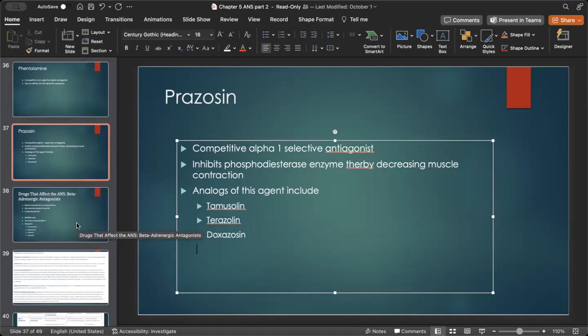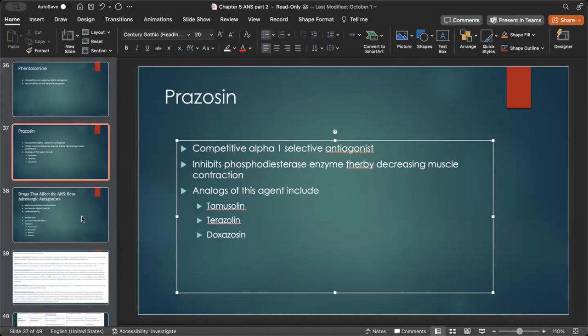So it's one of those things that becomes really important with the -zosins, but it depends on which ones we're talking about, because prazosin is more or less used for hypertension, but the other ones like terazosin and tamsulosin could also be used for BPH, because they do help with going to the bathroom.